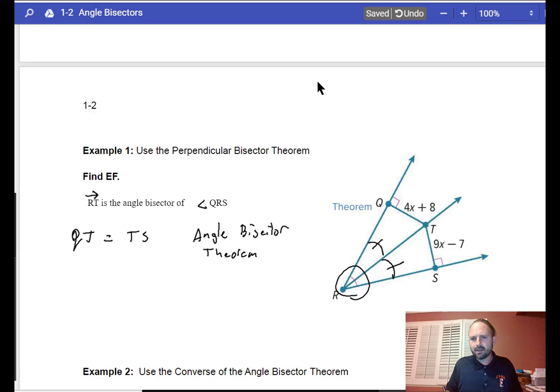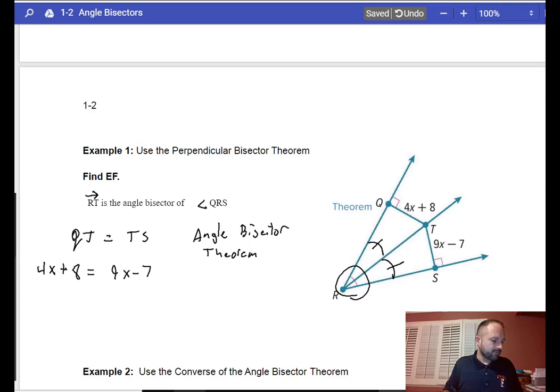All right, next up. Since we know that they're equal, we can take the values for each one and substitute them in. What did we just do? Substitute them in. So QT is 4x plus 8, and TS is 9x plus 7.